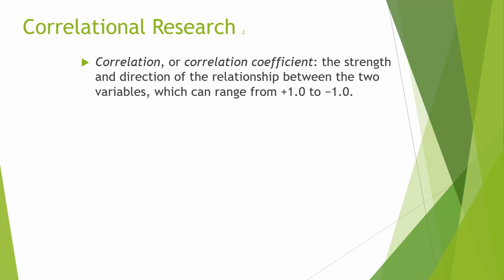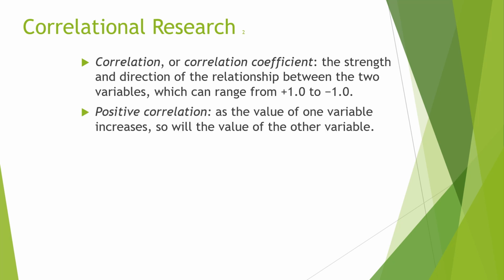The positive and negative will tell you about the direction that the correlation is going. So a positive correlation is when, as the value of one variable increases, so will the value of the other variable increase. So as you consume more calories, your weight will also increase, right?